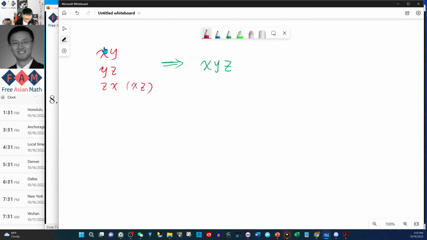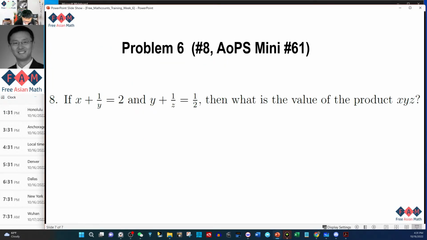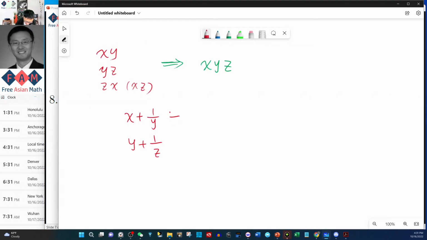But this time, we get x plus 1 over y. We get y plus 1 over z, right? We don't even have a third one. In this case, we would expect that we get something like z plus 1 over x. We don't even have this one.